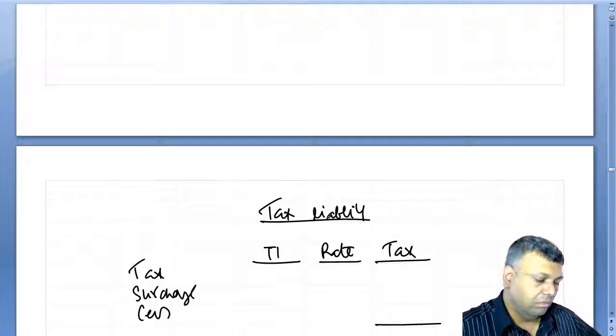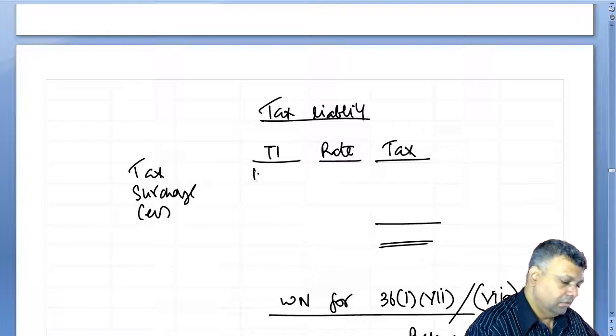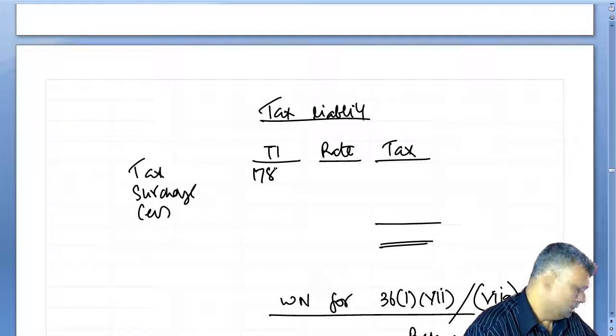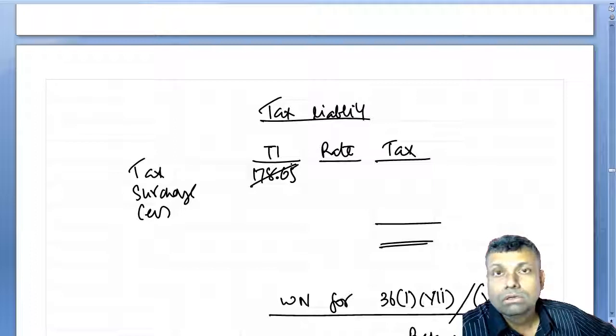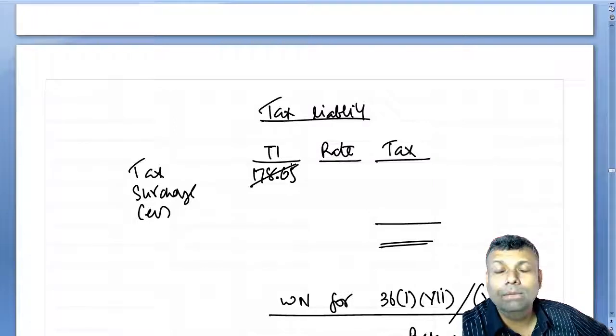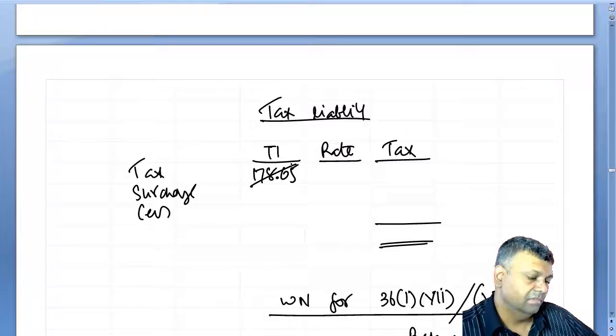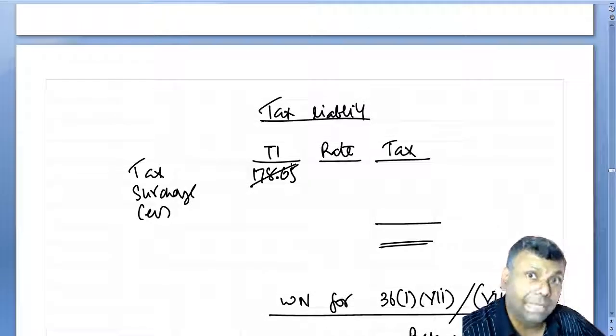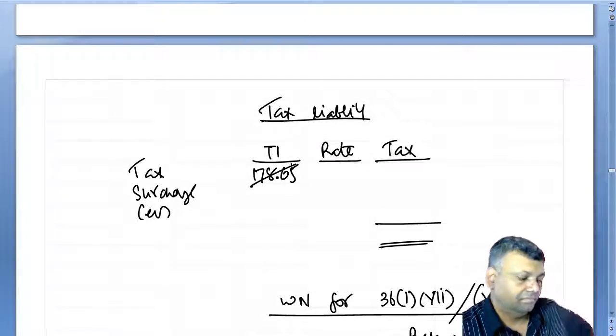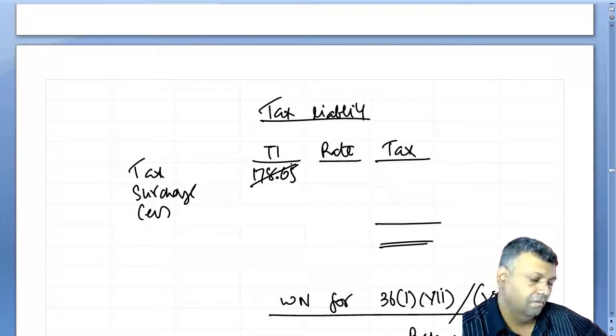And then straight away go to the tax liability calculation. 178.05, but this already includes your long-term capital gains. So you'll have to break up your rates of taxes. The total is 178.05, but there is a special rate of tax. Is that okay?